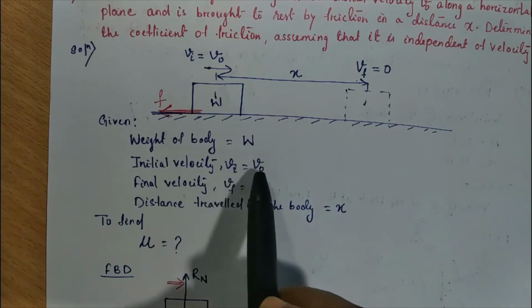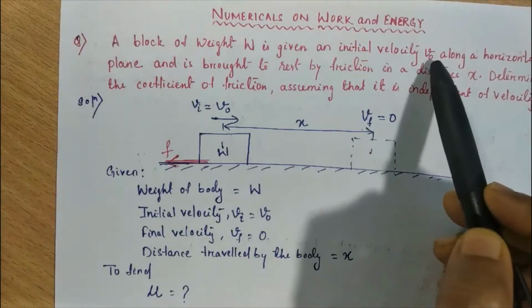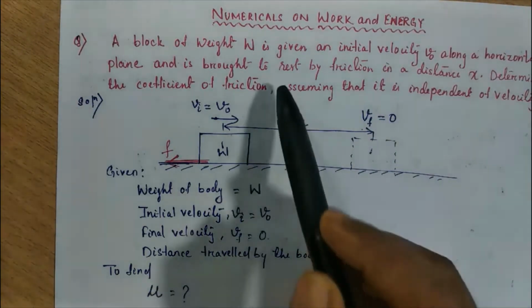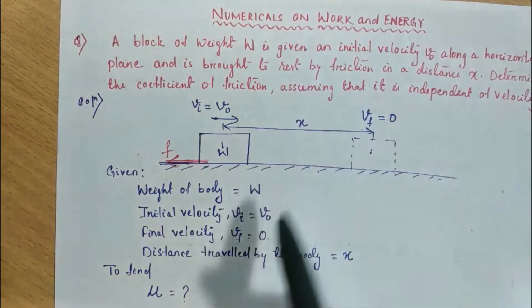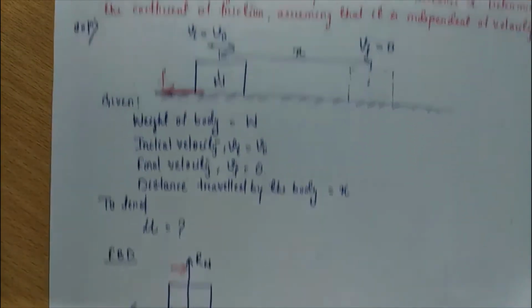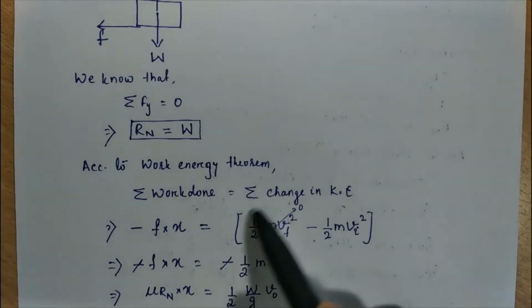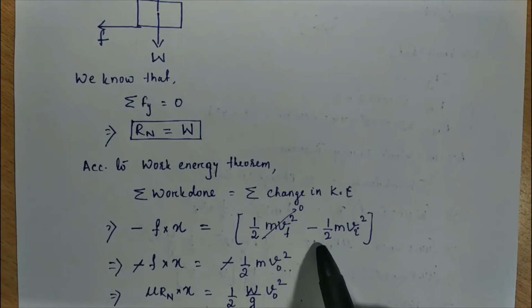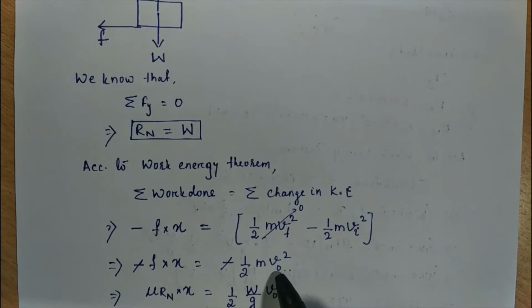So vi is given in the question as v naught, and vf, finally the body comes to rest, so vf is equal to 0. As vf is 0, this total term becomes 0 and the equation becomes half m v naught square, with vi equal to v naught in the given question.